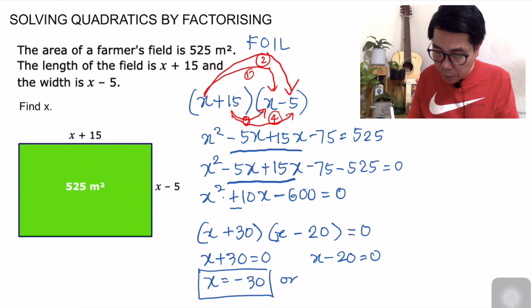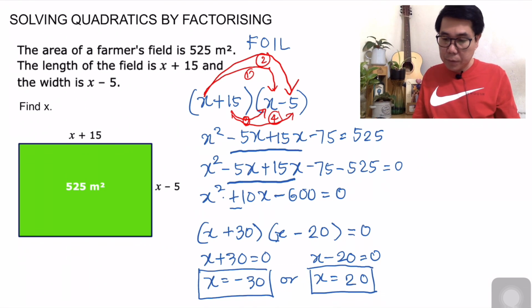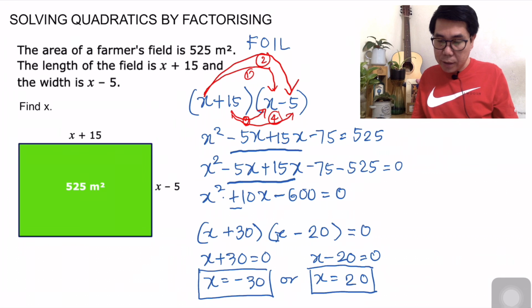So we have now x is equal to 20. That is the other solution. So we have x is equal to negative 30, or we have x is equal to 20.